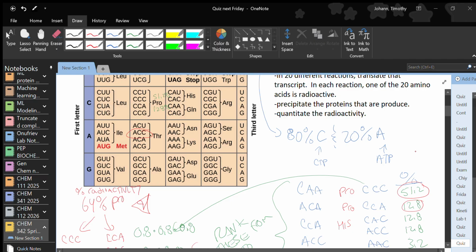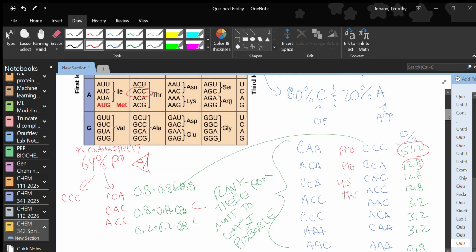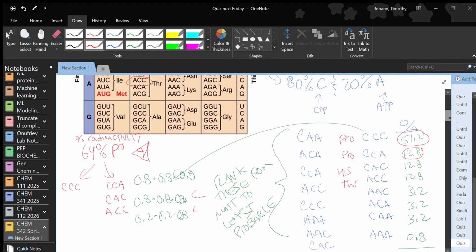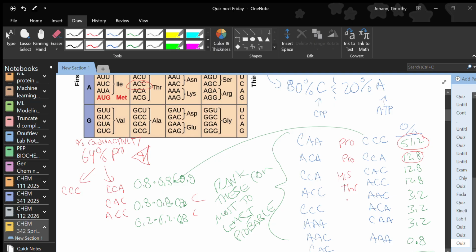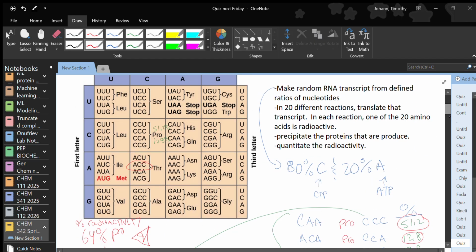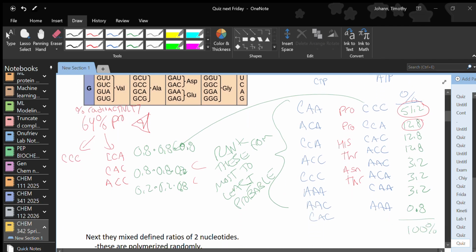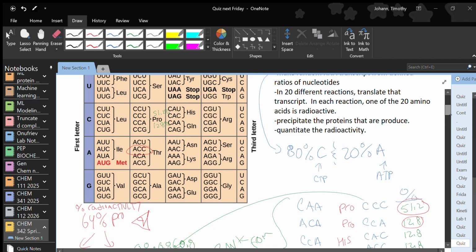ACC is threonine. AAC is asparagine. ACA, threonine again. That makes sense. CAA, glutamine. And AAA is it lysine? Yeah.